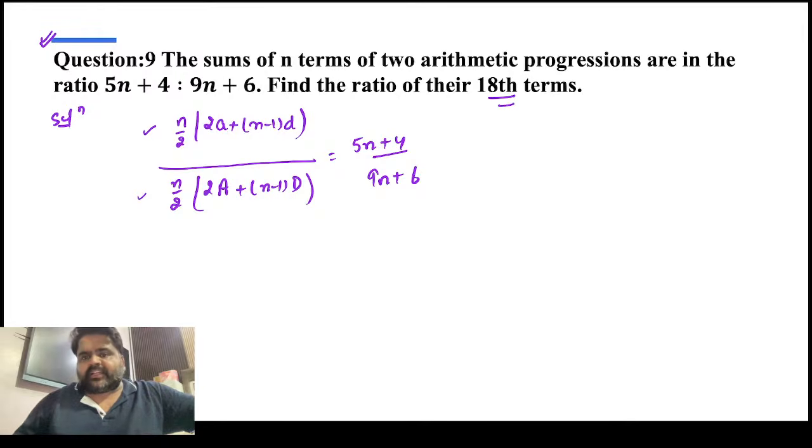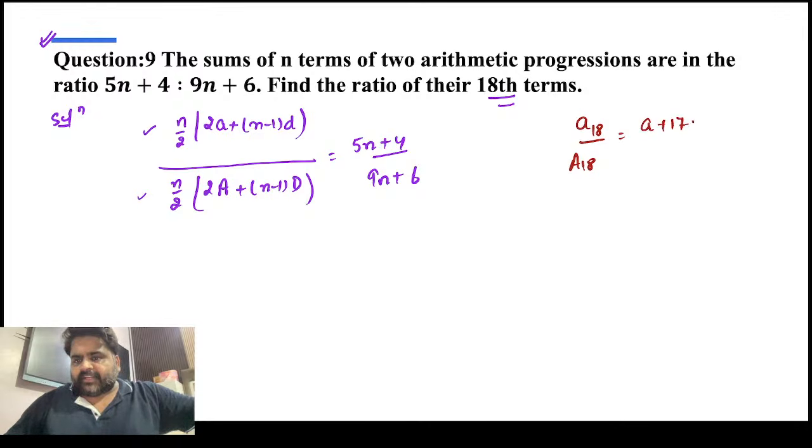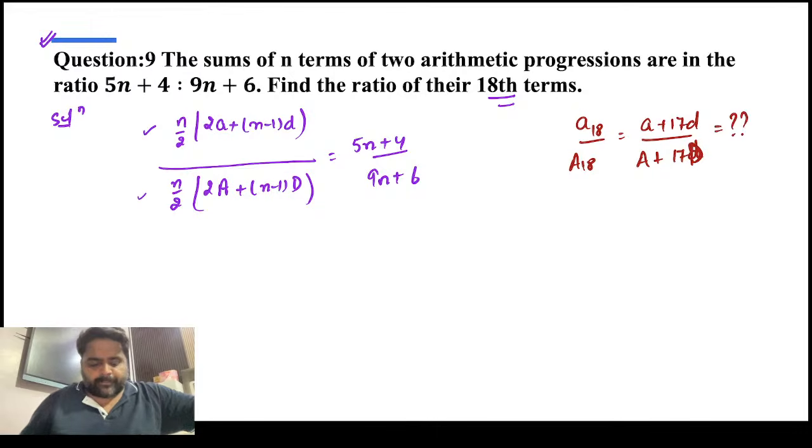We need to calculate the ratio of their 18th terms, means A18 upon A18, that is, the 18th term of the first progression divided by the 18th term of the second progression. Means a plus 17d upon capital A plus 17 capital D. This thing we need to calculate.